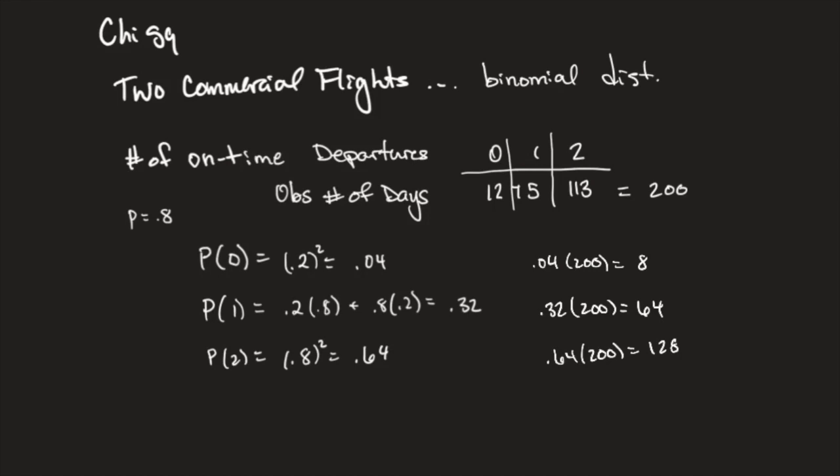So when I take these values, these are the numbers that we're going to plug into our expected cells. If we're doing this in the calculator, this is what would go into L2, right? 8, 64, and 128. I've got the observed ones already. They gave those to us as 12, 75, and 113.